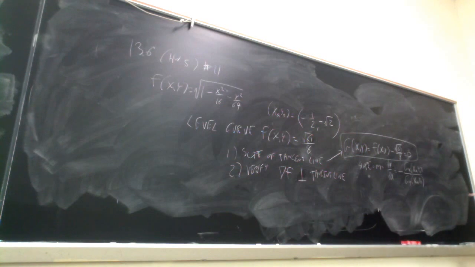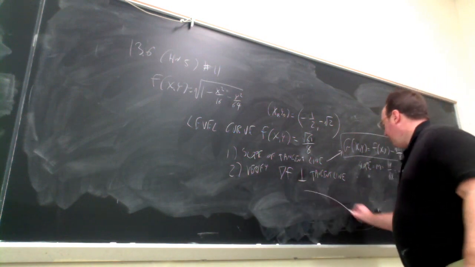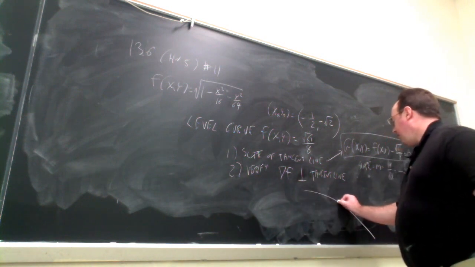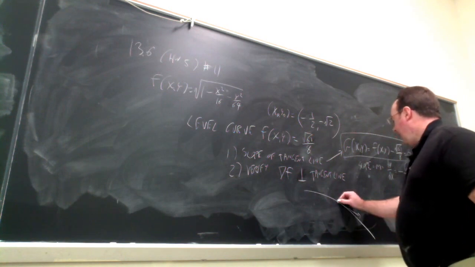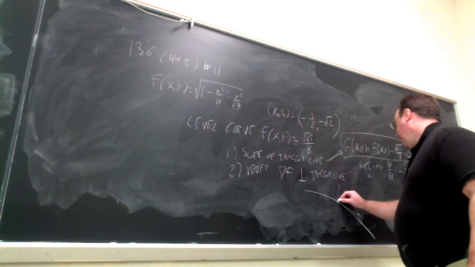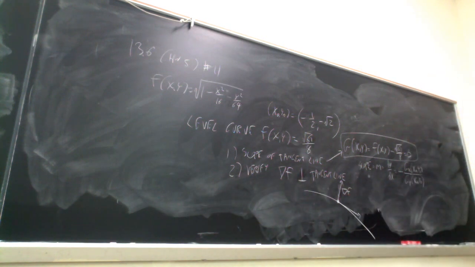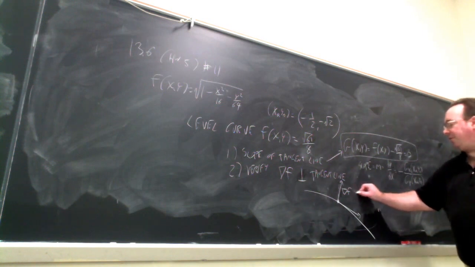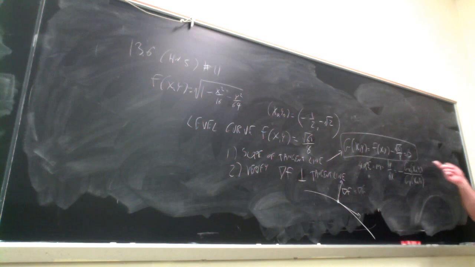Now, if I were to draw a picture, here's your tangent line, and you want to verify that the gradient is behaving like this. The gradient of f and the gradient of big G are the same because they only differ from one another by a constant.